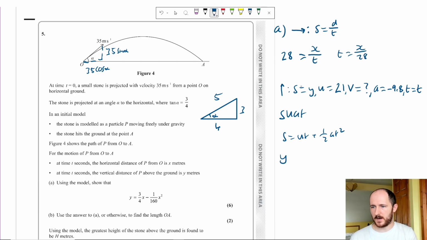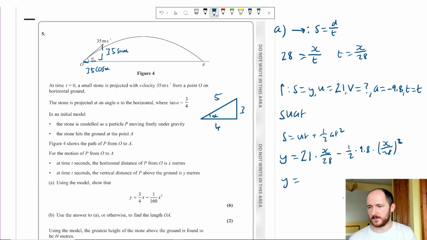So s is equal to y. ut, so that's 21, times x over 28, which is where the 3/4 comes from, because I can divide them both by 7. That's going to be technically a minus, a half, times 9.8, times x over 28 squared.